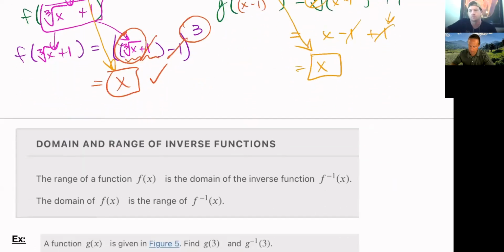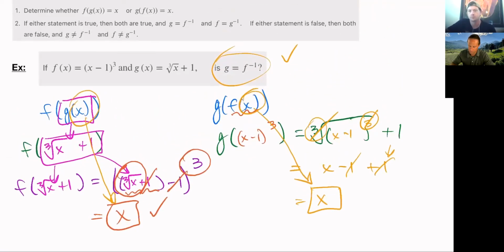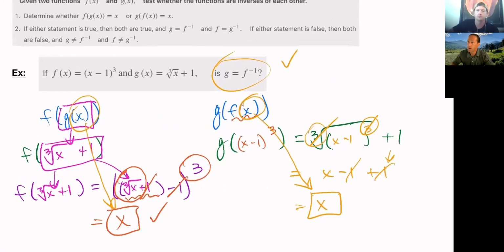Okay. Where's the one coming from again? On the outside of the cube root? No pun intended, but which one are you talking about? The G or the F? Talking about over here? Yes, sorry, Julian.